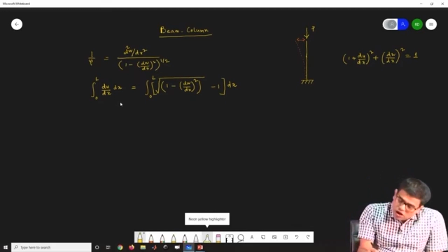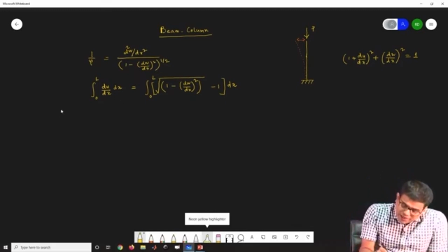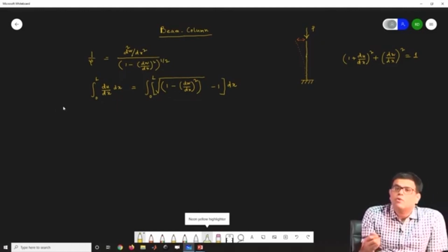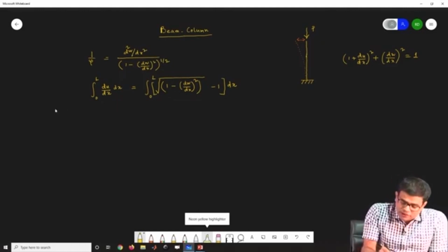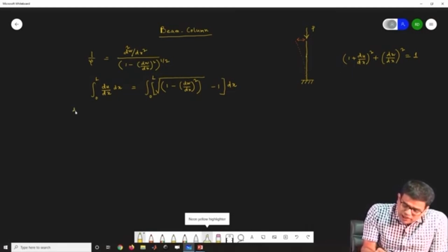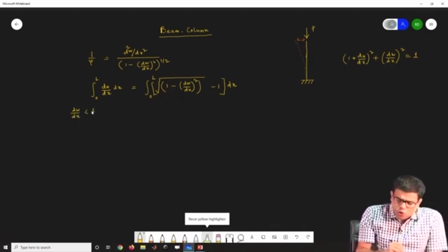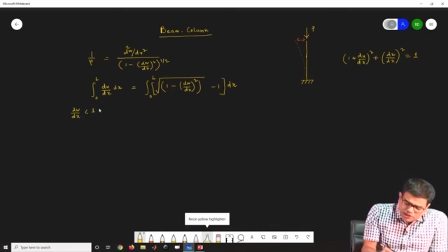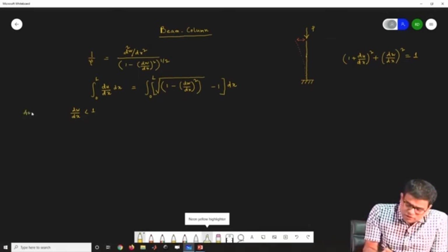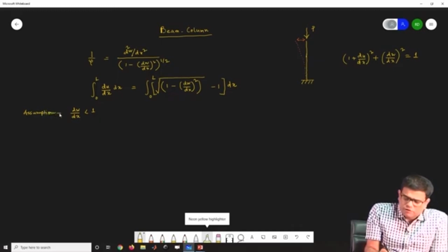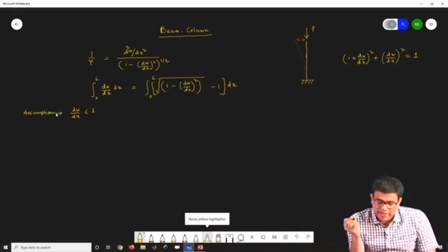We always assume small strain theory, and the small strain comes from here, that is, dw dx is much less than 1. So, this is an assumption again. I think all of you know this from your beam bending theory.